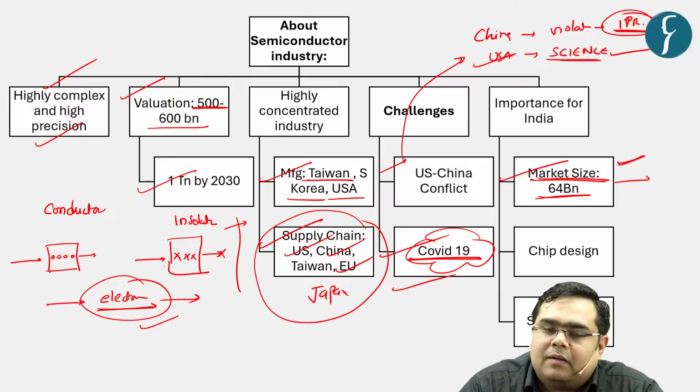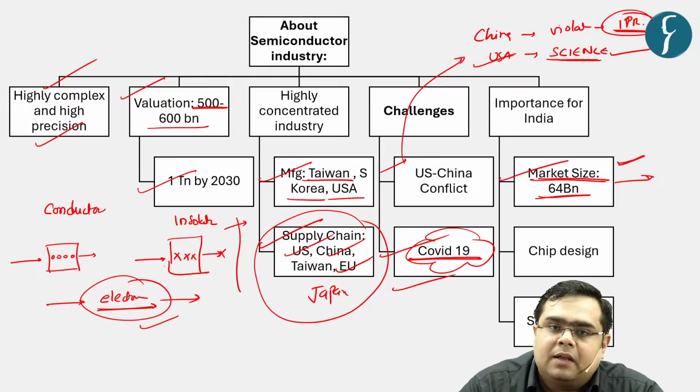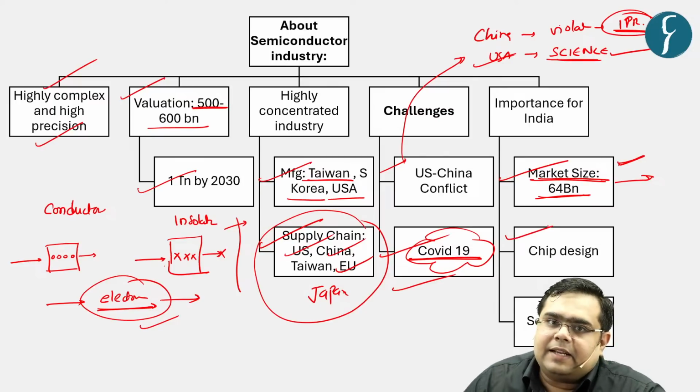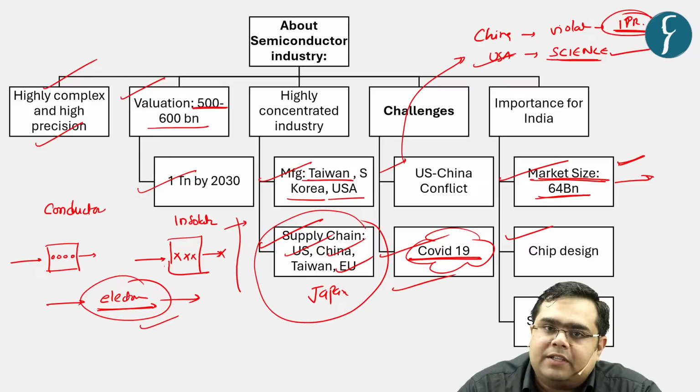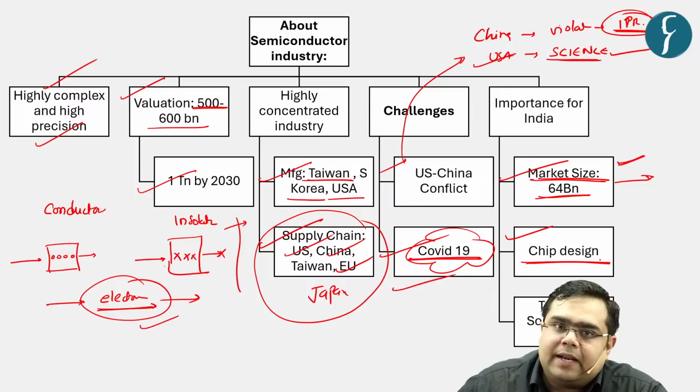So we are giving away 64 billion US dollars to foreign companies, which can easily be saved or invested back in India. Then in recent times, because of the interventions and various government initiatives by MeitY, we have been successful in designing various chipsets, right?